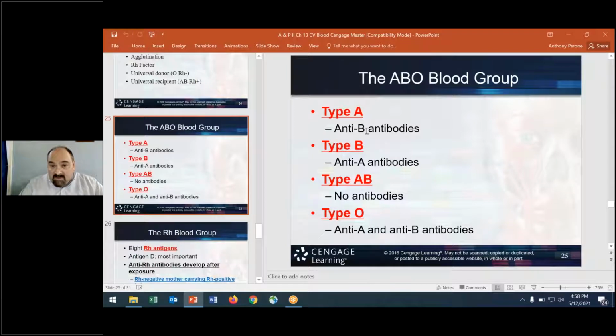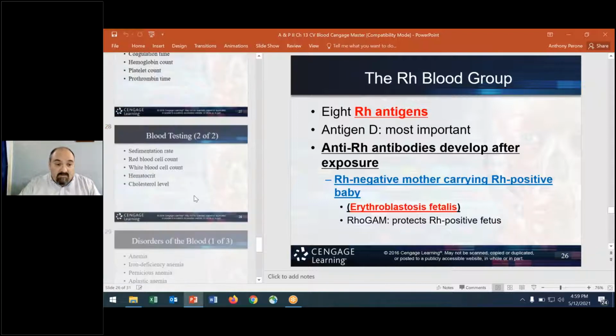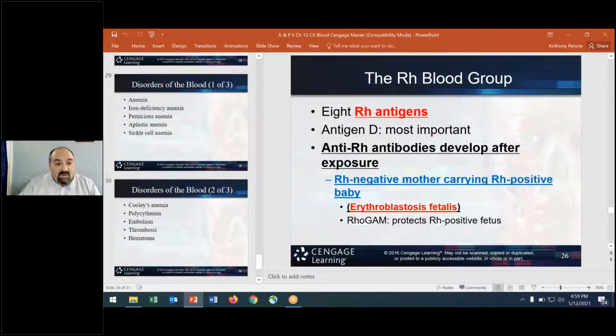If we have type A blood, we have type B antibodies, and what's going on with Rh negative or positive, and what's taking place with erythroblastosis fetalis, issues with mom and child being incompatible as far as the Rh factor is concerned. Okay. And again, we talked about the different pathologies present.